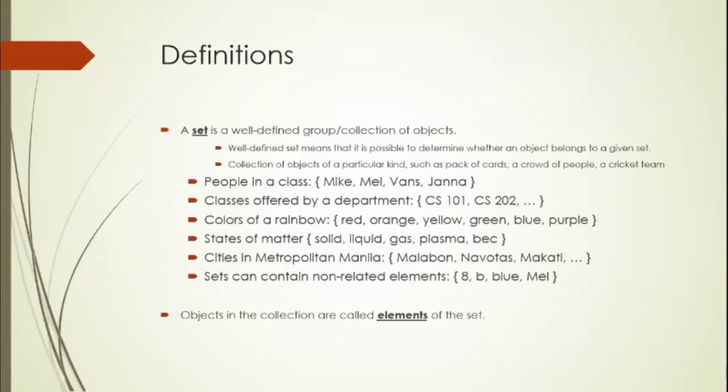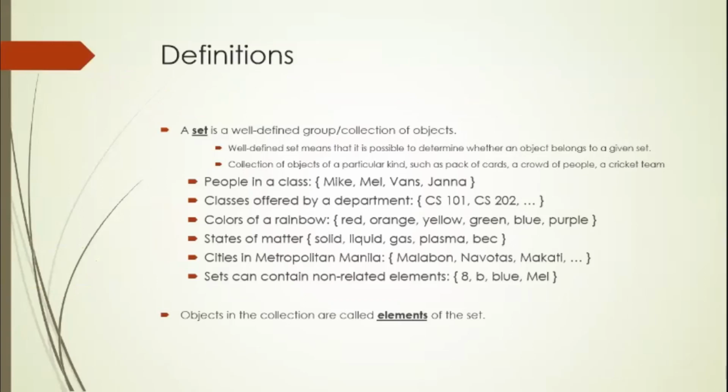For a collection of objects, we have examples here like a pack of cards, a crowd of people, a team in the NBA, a basketball or volleyball team, or even church choir members. Below, we have examples of well-defined sets.